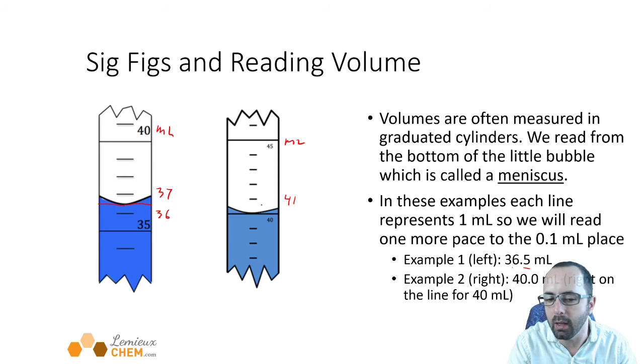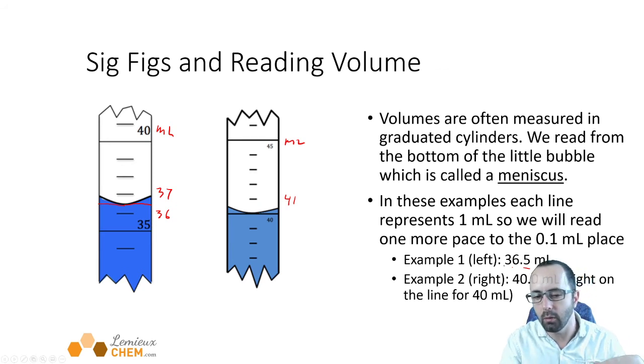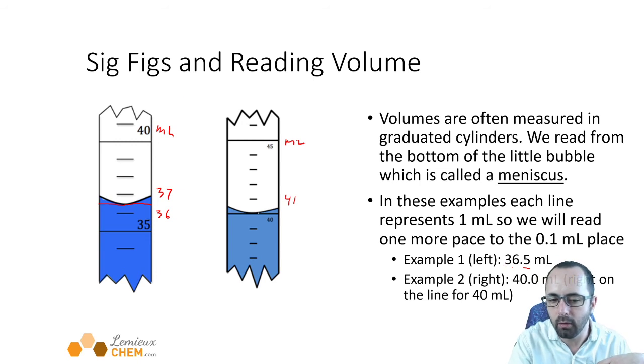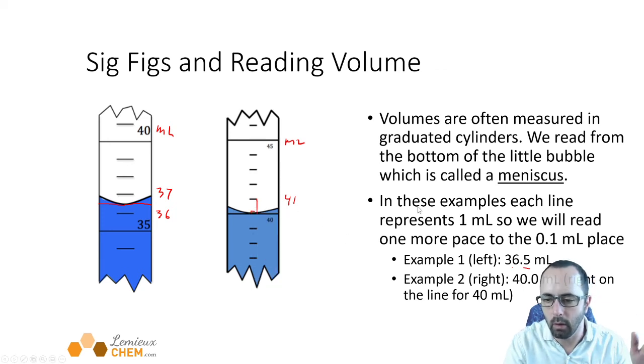If I thought it was right above the line, maybe I would put 40.1, meaning 1/10 of the way from here up to here. But it looks to me like it's right on the line, so I'm going to say 40.0. And that's how you read this instrumentation properly for the correct number of sig figs.